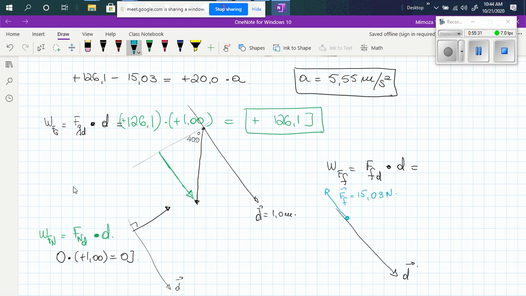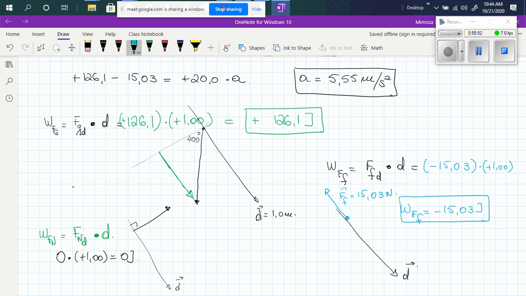So now it will be negative 15.03 times positive 1 meter. Therefore, the work done by force of friction will be negative 15.03 joules.